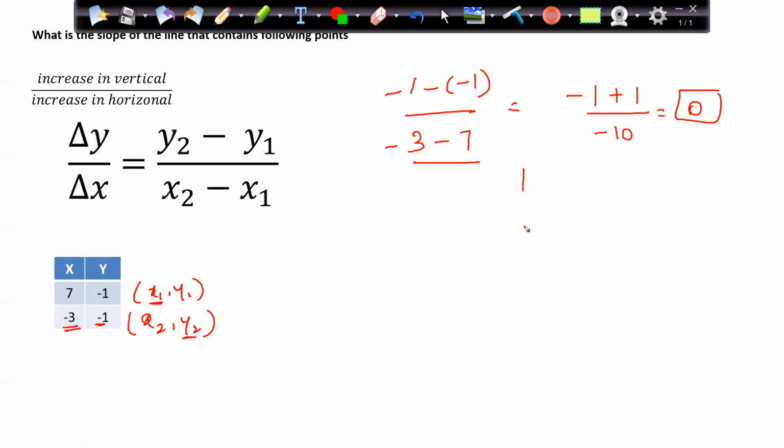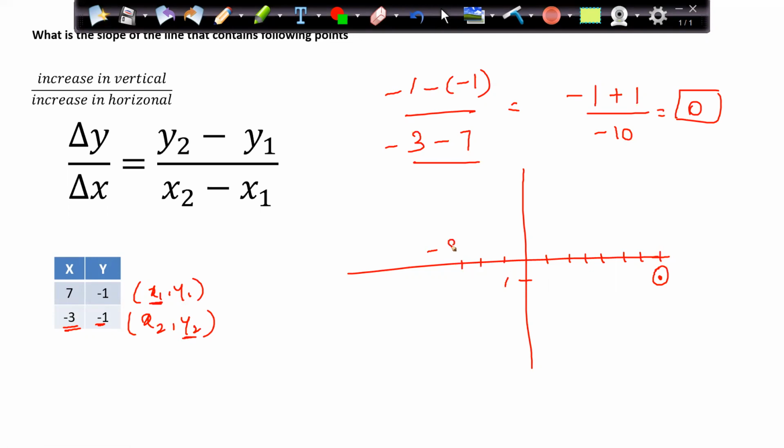Why so? Let me generate this line. It's saying 7 minus 1. 1, 2, 3, 4, 5, 6, 7. 7 minus 1. This is 1 point. Second is saying -3 minus 1. So -3 is where? 1, 2, 3.